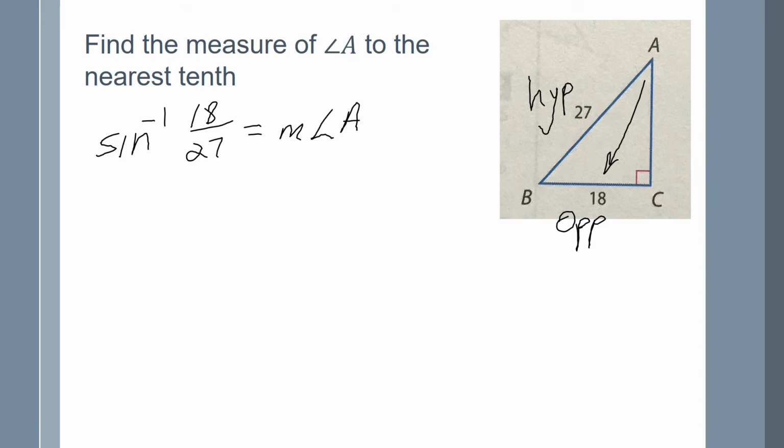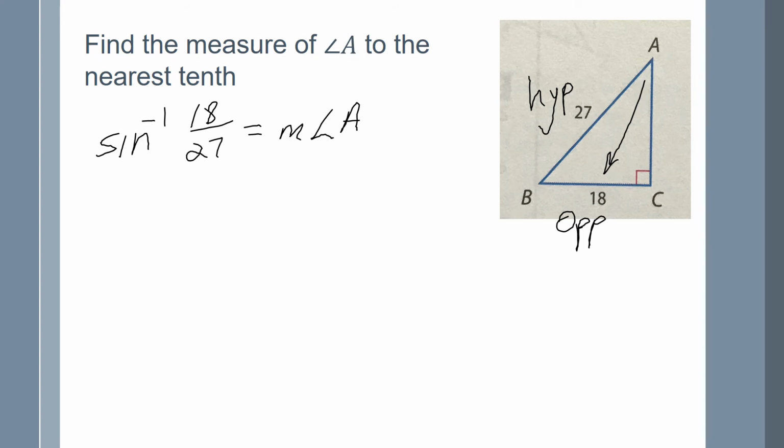So how do we do this on the calculator? Well, you take that ratio and you plug it in. On my calculator, I've got trig functions on here. I would go to the sine of -1 and hit enter, and then I would just put in 18 divided by 27. And the calculator does all the work for me. And I've got 41.8103.